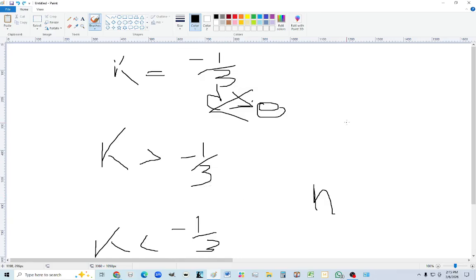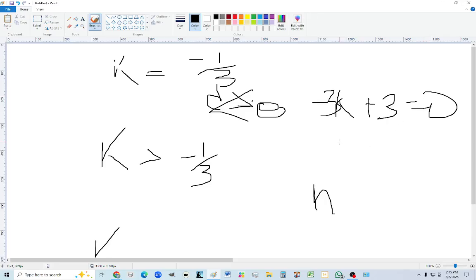I do want to give you a word of warning about solving something. When you have a negative number multiplying k, let's say plus 3, and we're solving it for equal to 0, and so therefore when we're solving it for bigger than 0, and therefore negative 3k is equal to negative or bigger than negative 3.